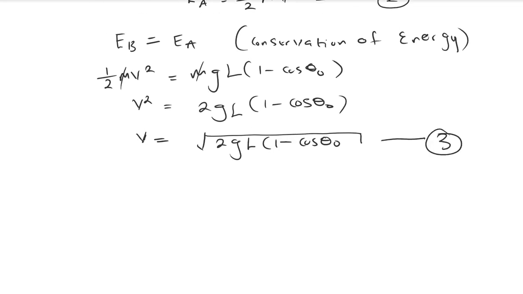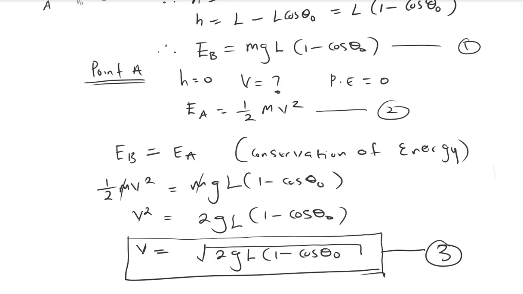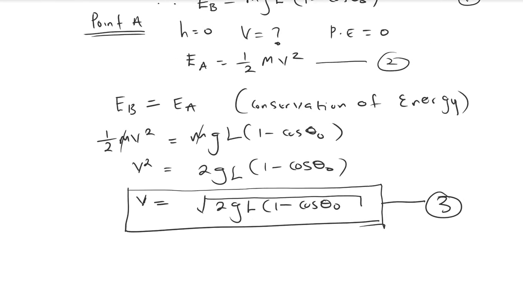So now this is the general formula for finding the velocity at the lowest point when a simple pendulum, or a rod with negligible mass with a ball attached to the end, is swung at an angle theta.